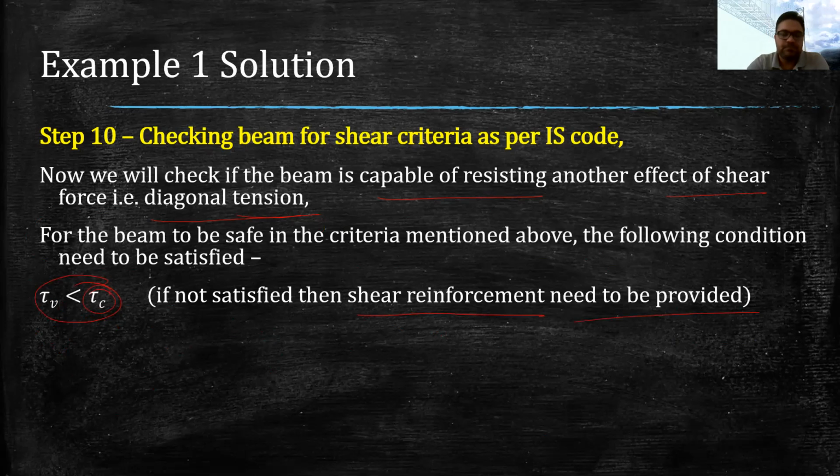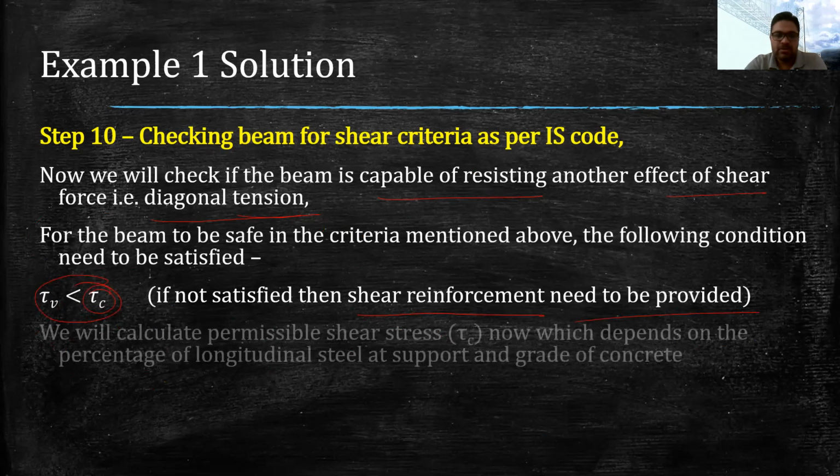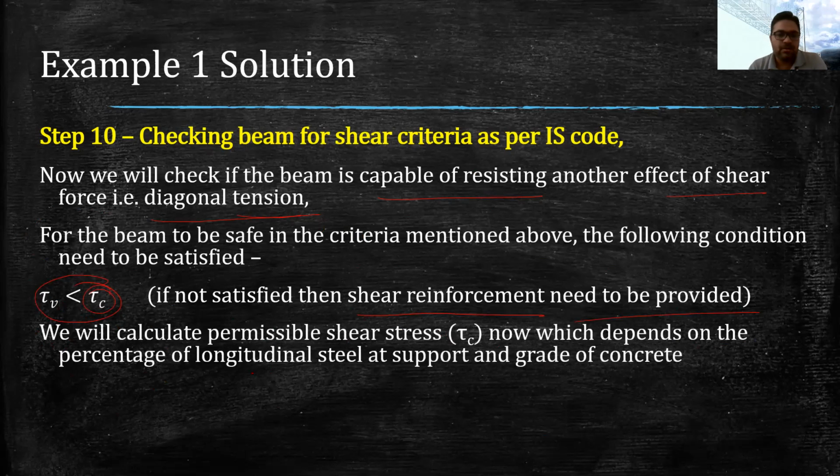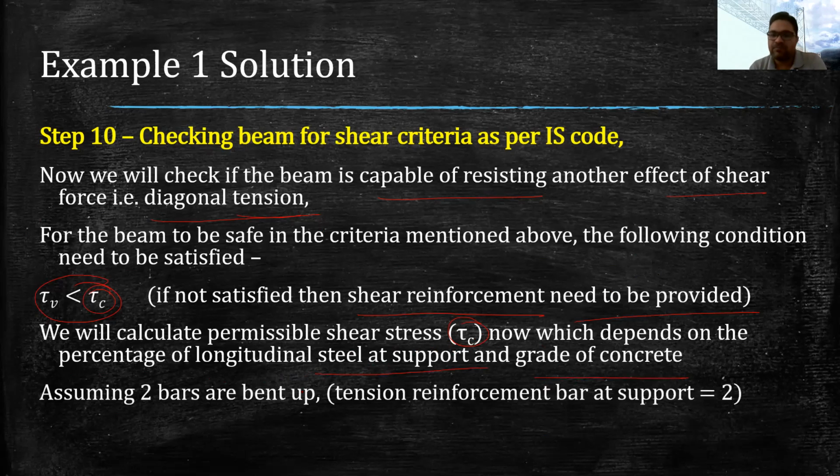So we will calculate the value of tau c, then only we will be able to compare the value of tau v with it. Tau c depends on the percentage of steel at the support. Now we will calculate the tau c value, which depends on the percentage of longitudinal steel at support and the grade of concrete. We will assume that two bars are bent up.